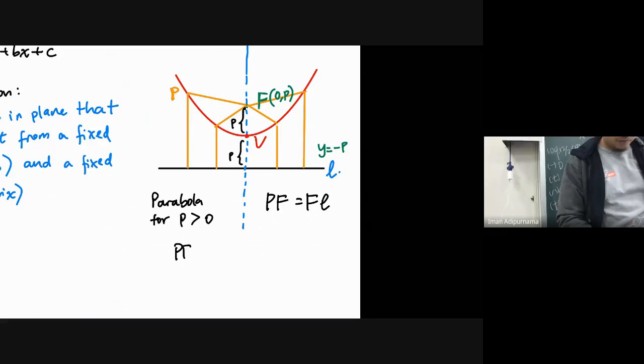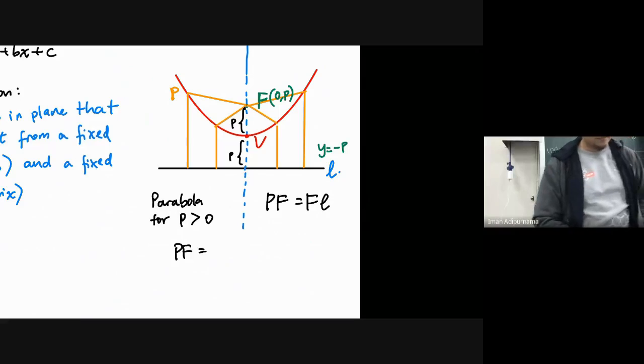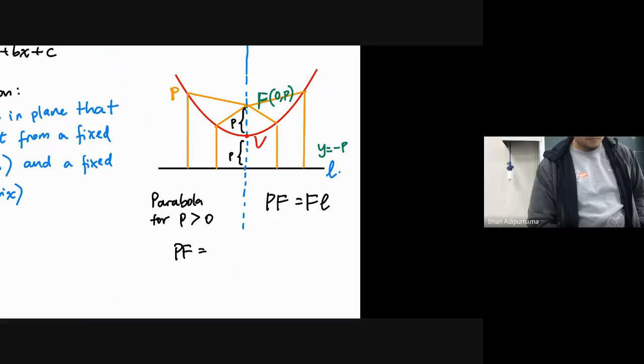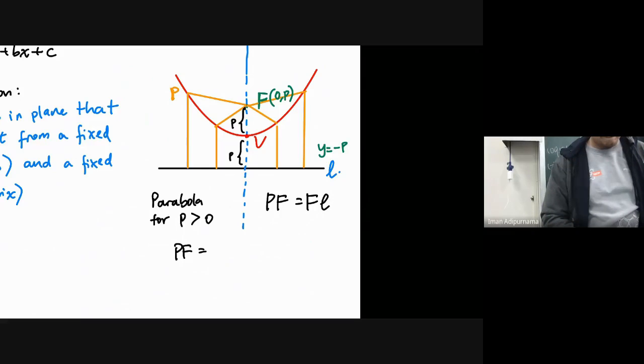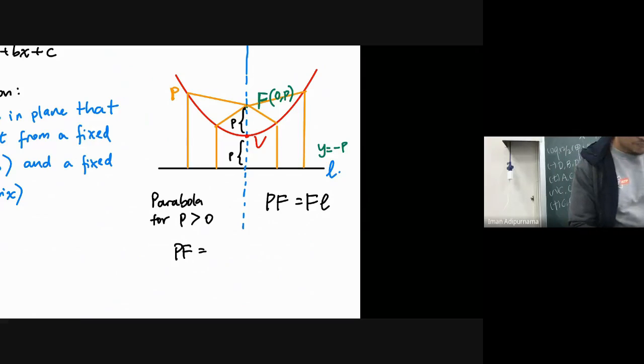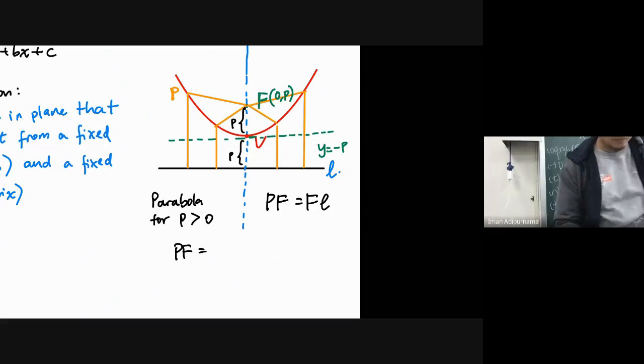So PF will be, let me draw this line so that you can see the 0. Let's say this is y.